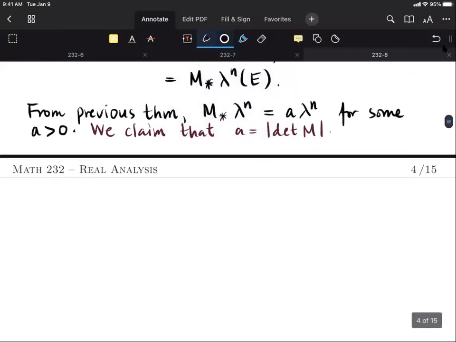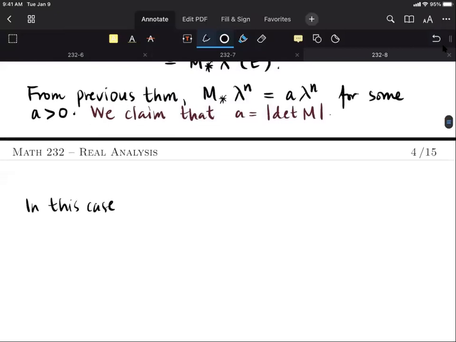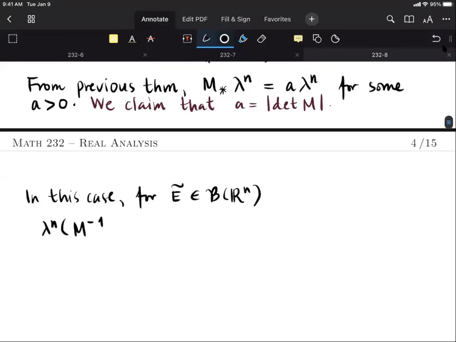Now, in this case, okay, if the claim is true, then the inverse, let's say, for E tilde is a Borel set. Okay, this is not yet the set E. So we have another set E tilde. By the definition of the image measure, this is M sub star lambda n E tilde.